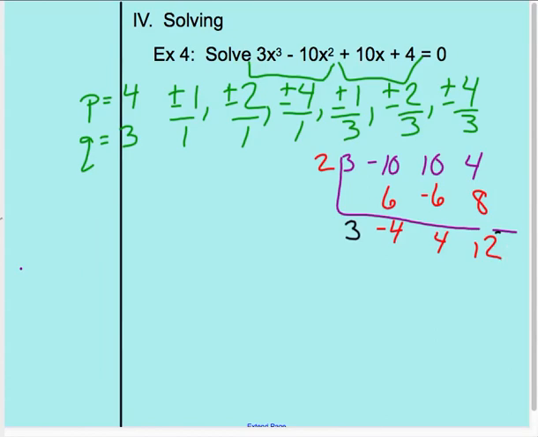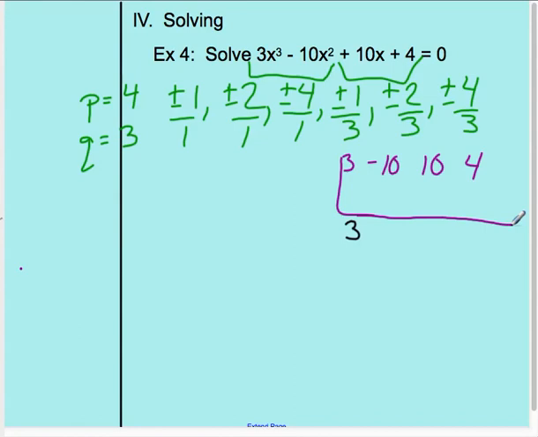So let's try negative 2, see if we can fix this. So that would be a negative 6, so that would give me a negative 16, times 2 is a positive 32. So this is not going to give me a 0 either once I multiply by 2. I'm thinking one of those rational ones might be what we're going to end up with. Alright, so this is why graphing calculators are helpful.